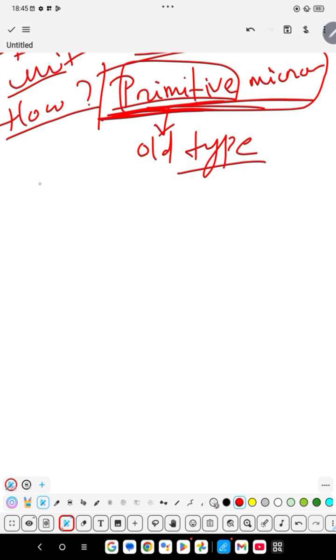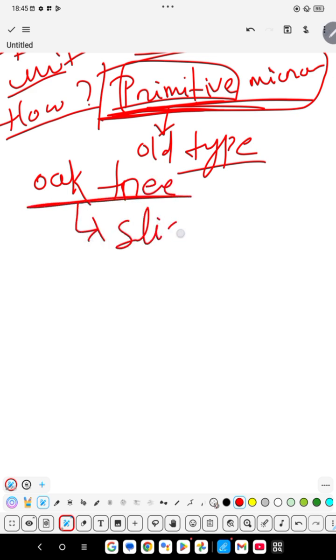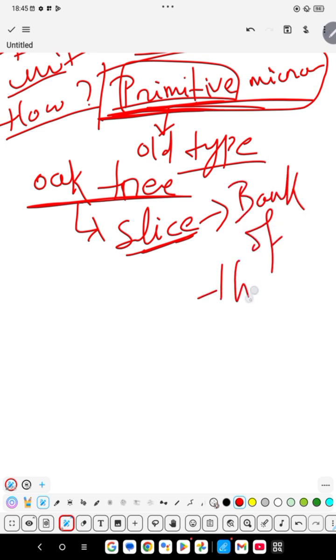Here he took an oak tree. From this tree he took a slice, the slice of the oak tree, which is called the bark of the tree. So what is the bark of the tree? Let me tell you.